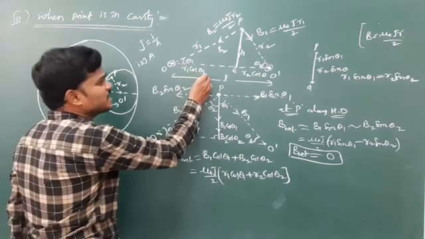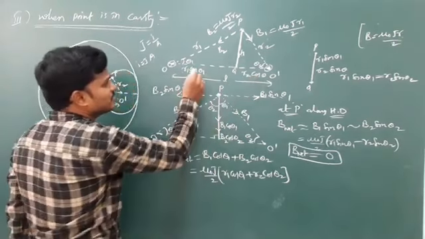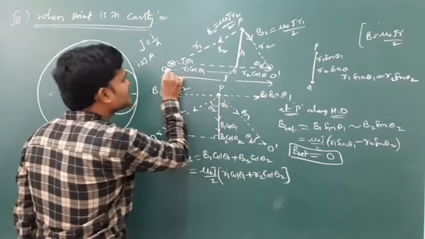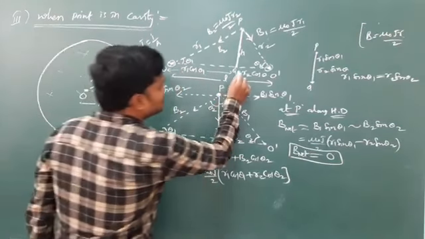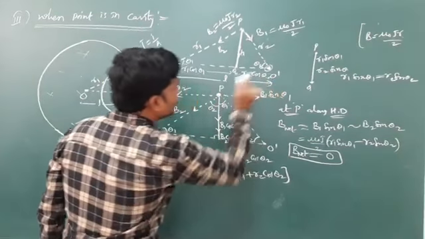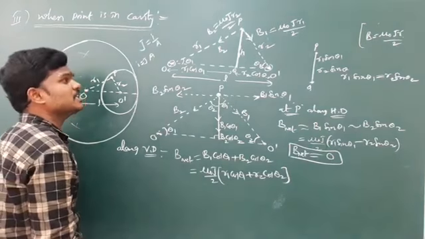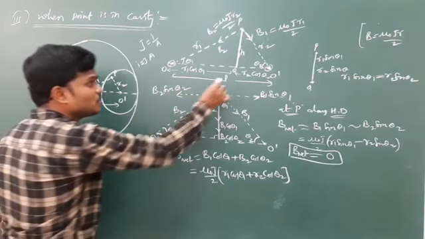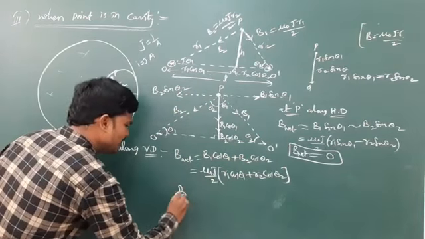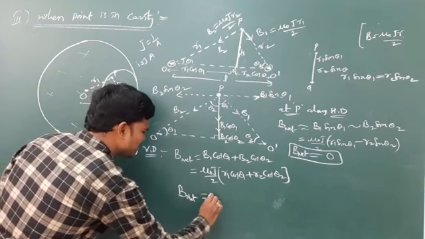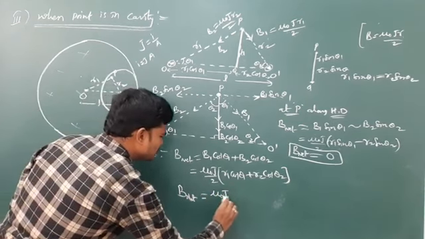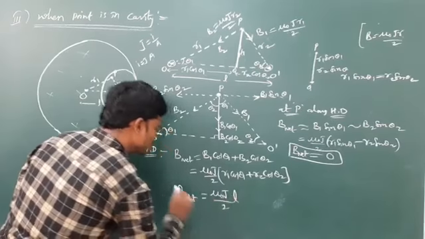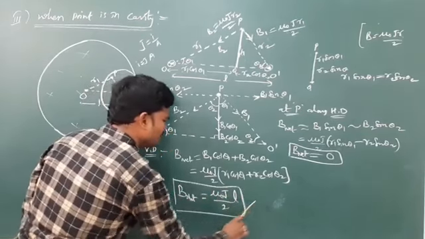But what is R1 cos theta 1 plus R2 cos theta 2? From here to here is R1 cos theta 1, and from this to here is R2 cos theta 2, which together equal L. So the net field in the vertical direction is mu naught J by 2 into L, which is the given answer.